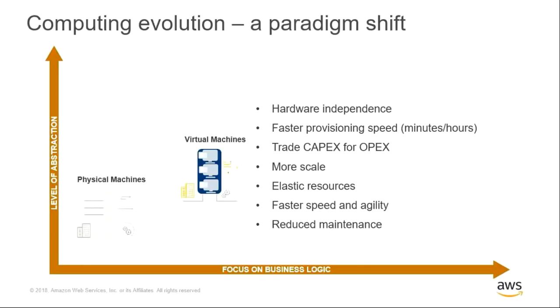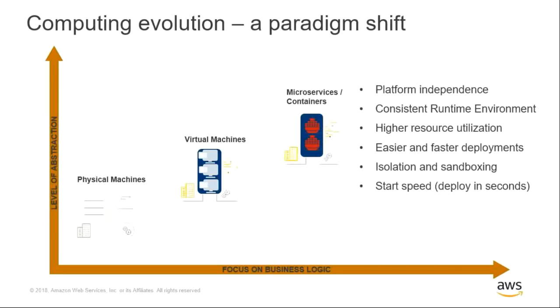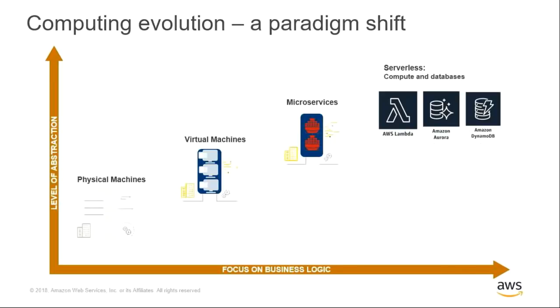The step after that, you could say, was probably microservices and containers, which gave you an even higher degree of platform independence and a more dense type of deployment, where you have higher resource utilization. So you could do deployment faster, easier. There was more agility to the way you did IT. And we think that serverless is even one step up from that.